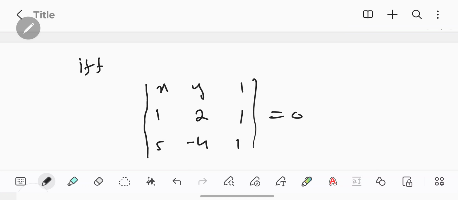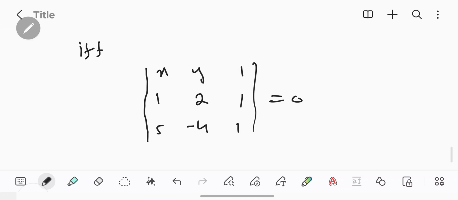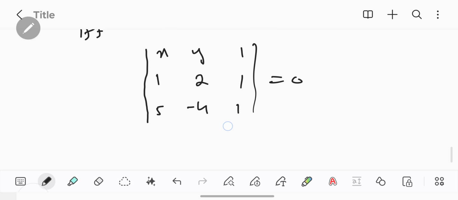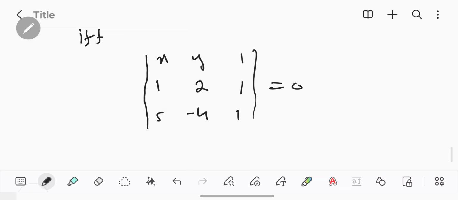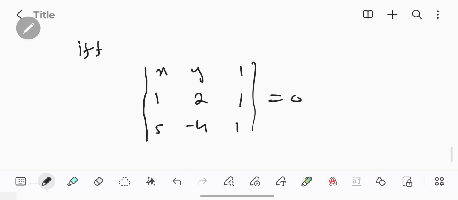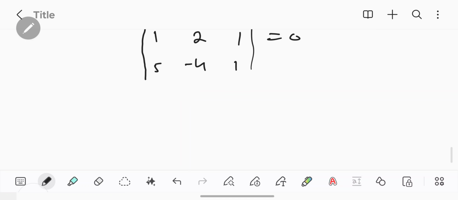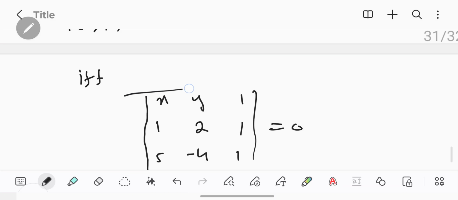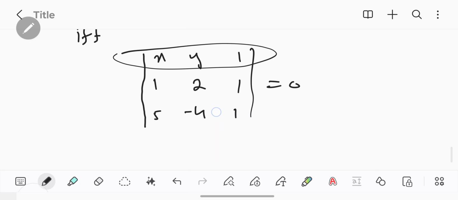Okay, so we will continue this case because our aim was to find an equation of line. So from here I can find an equation of line. If I expand this determinant using this row, I will write these elements and their cofactors.